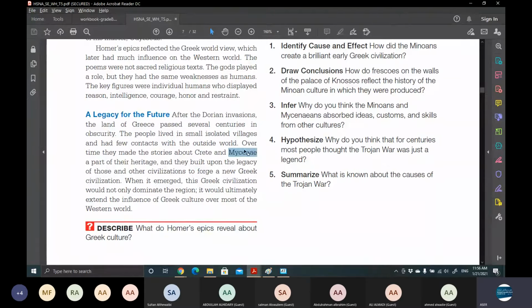They took the city of Mycenae as their capital, and they included the heritage of the Minoans into their civilization. Later on, the Dorians invaded the Mycenaeans and took both the heritage from Crete and Mycenae into their own. See the sequence?